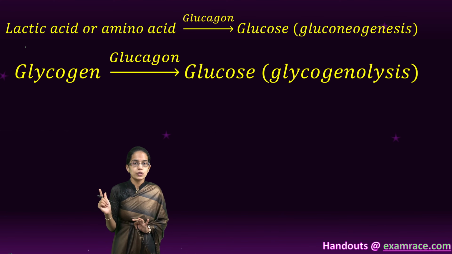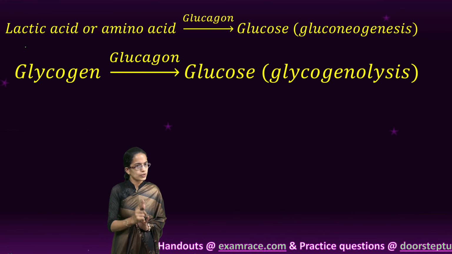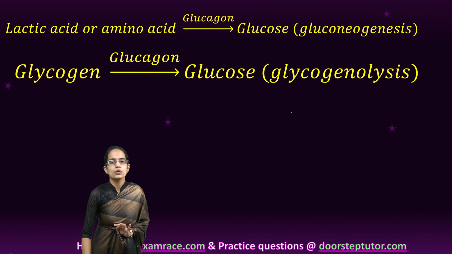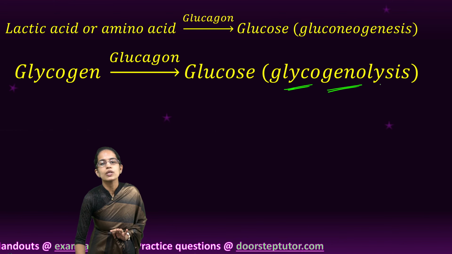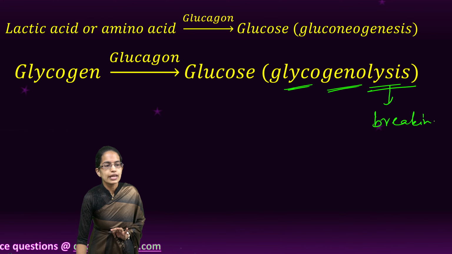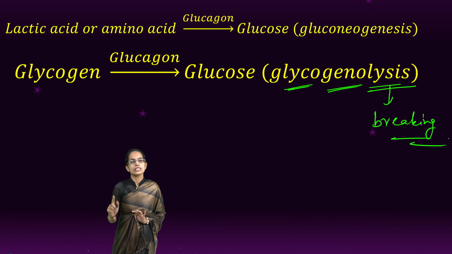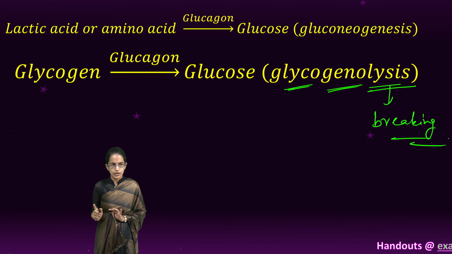Immediately the signal would go and this glycogen would be broken down into glucose by glucagon. This process is known as glycogenolysis. Lysis means breaking. So there is breaking of the glycogen into glucose, which can be actively utilized by the body.